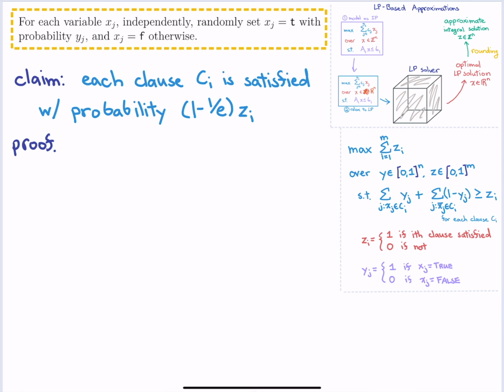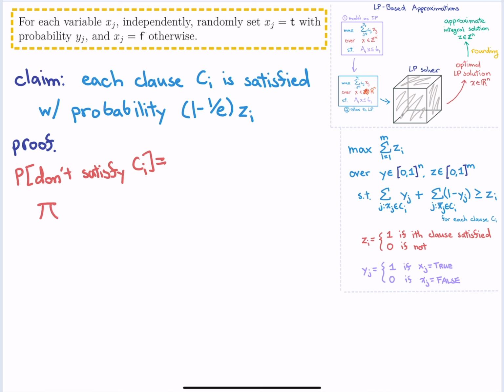All right. So let's try looking at the probability that I don't satisfy Ci, because there are many different ways to satisfy a clause, but there's only one way where we don't satisfy the clause, which is where every variable is going the wrong way. It's a little bit easier to look at it this way. So you need all the coin tosses to go the wrong way. So it'll be the product.